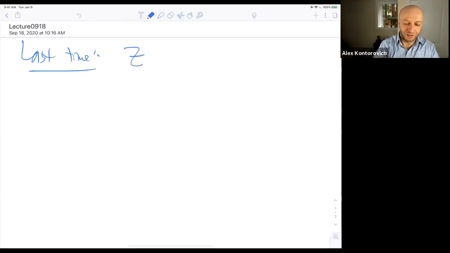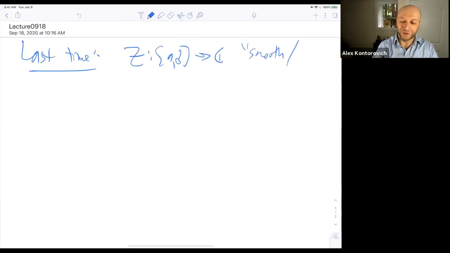So z from [a,b] to C was a smooth, or piecewise smooth, curve.